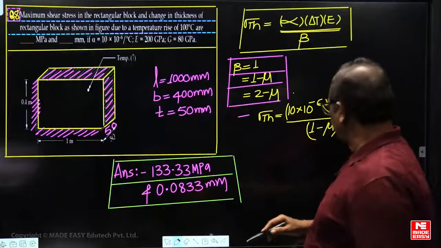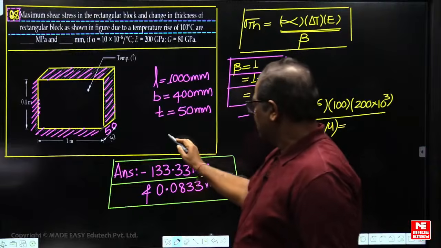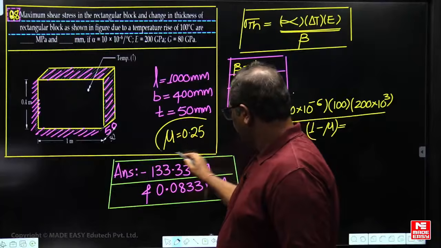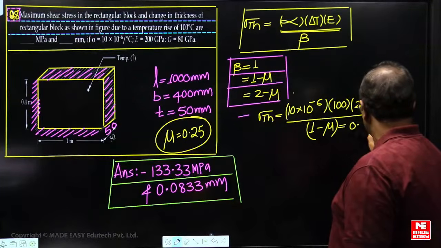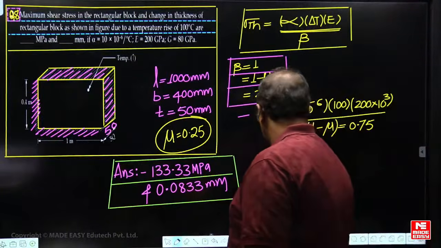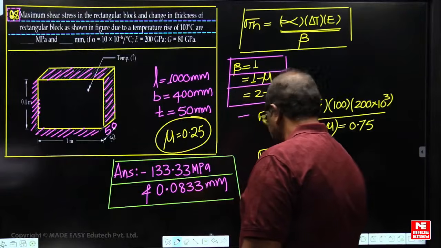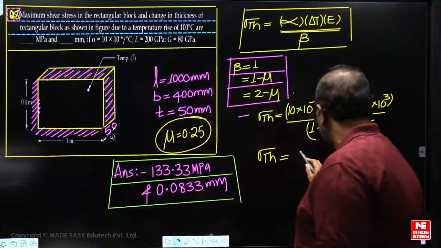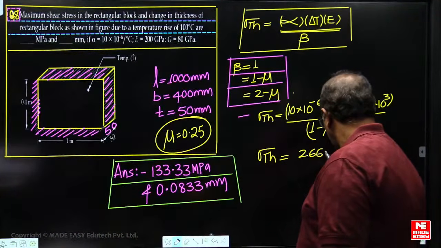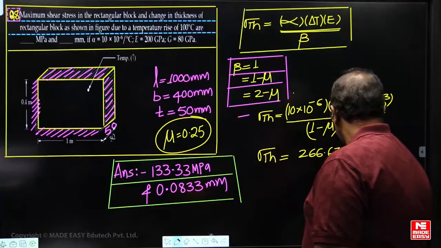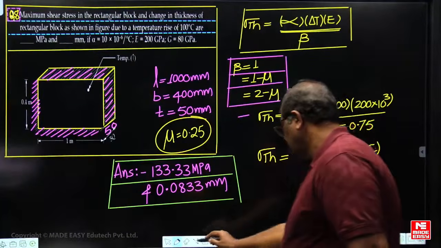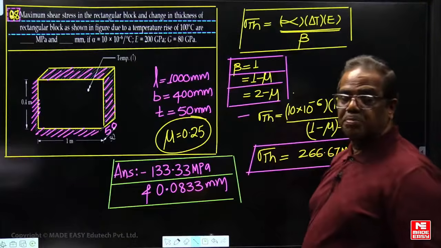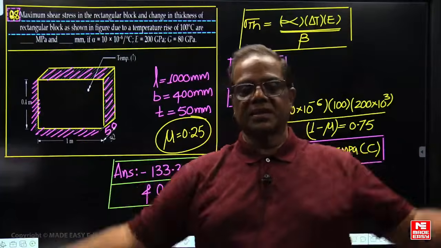For the mu value of 0.25, the mu is, for this case, 0.75. So now, thermal stress, we are getting the thermal stress value as 266 point... compressive. $266.67 compressive because temperature increase gives compressive stress.